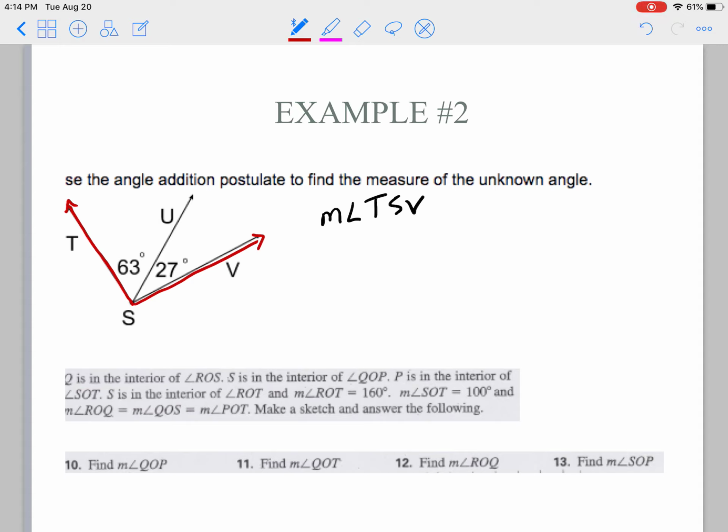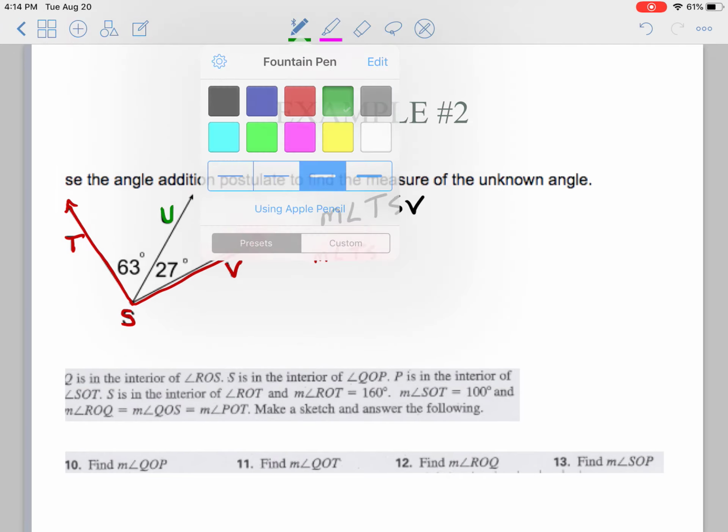Well, what we would have to do is use the angle addition postulate, and we would say the measure of angle TSU, and I'm actually going to, let's do it this way so you can see the distinction. There's the U, and let's call this T, S, and V since they're on the original one.